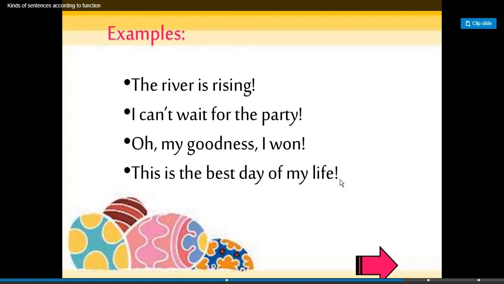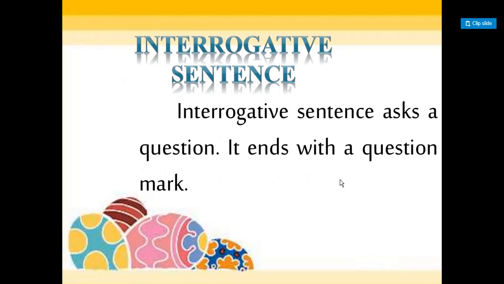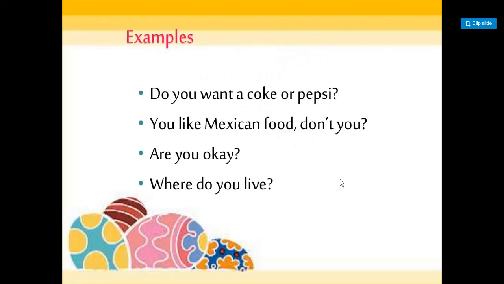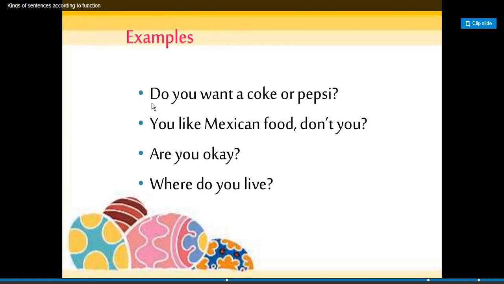And the last one, of course, if you want to ask question, you will be using interrogative sentence. And if you are asking question, you will be using question mark. So, we have here examples. It is a yes-no question because this question is answerable by yes or no. So, do you want a Coke or Pepsi?